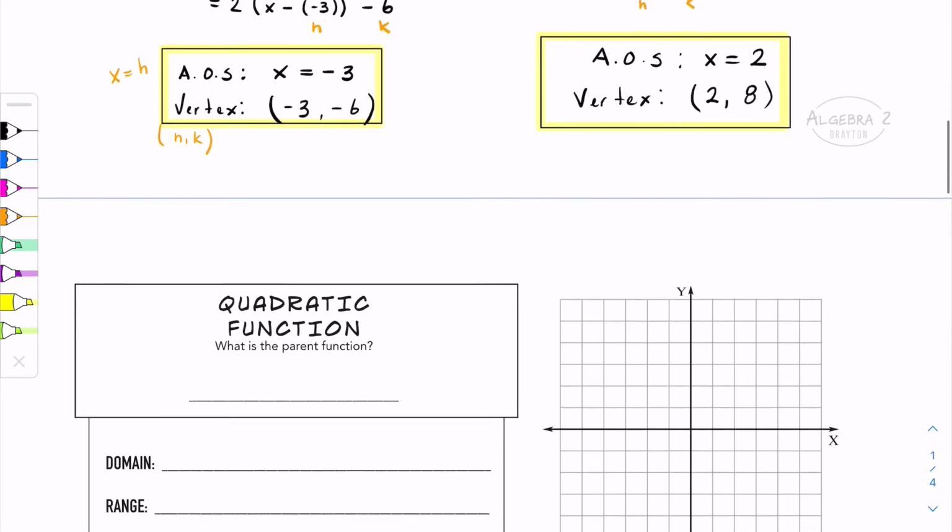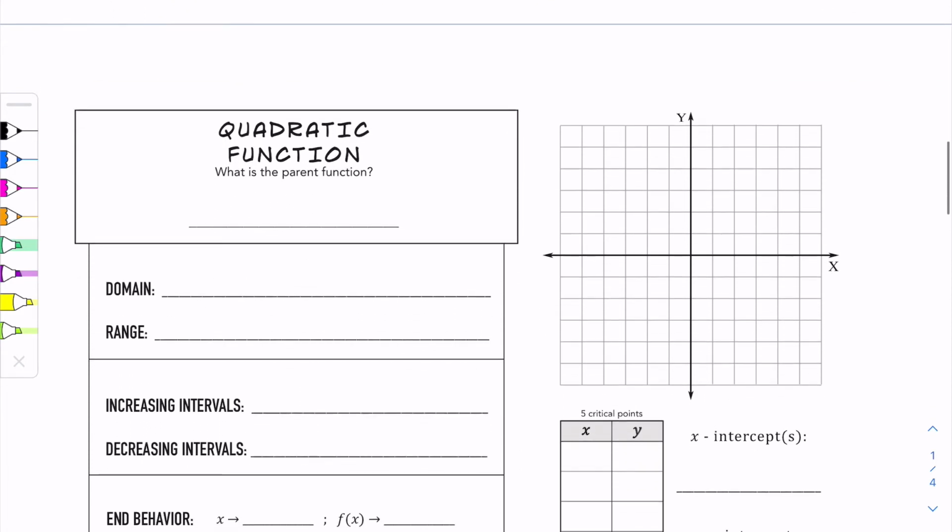Because we're graphing these functions using transformations, this right here goes all the way back to Unit 2. This is the same part of the note sheet you saw in Unit 2. We're just going to quickly go through this, review what the parent function of a quadratic is. So the parent function is always x squared. That's your most basic function, and from there it shifts around the graph.